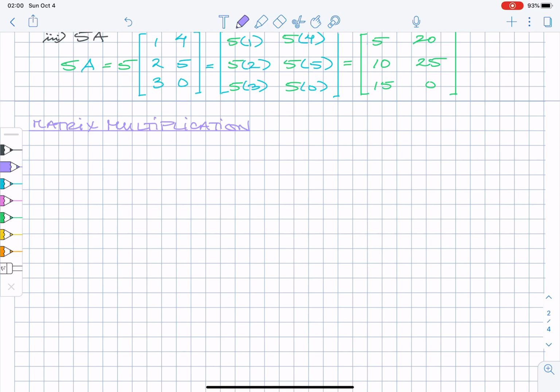Okay, so let A be an M by N matrix, and B be an N by P matrix.